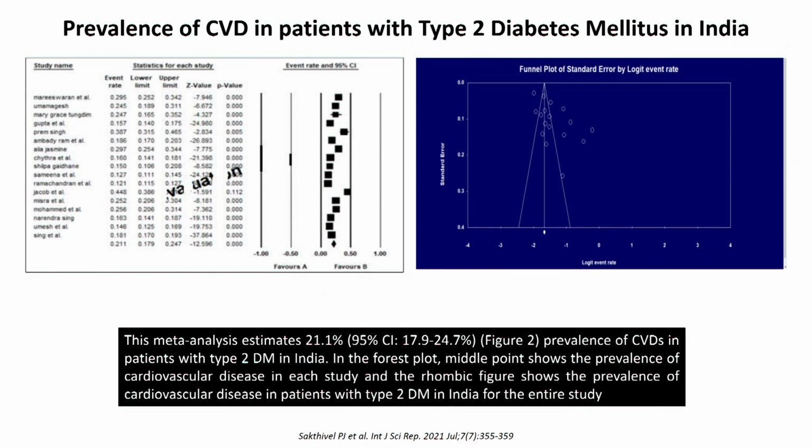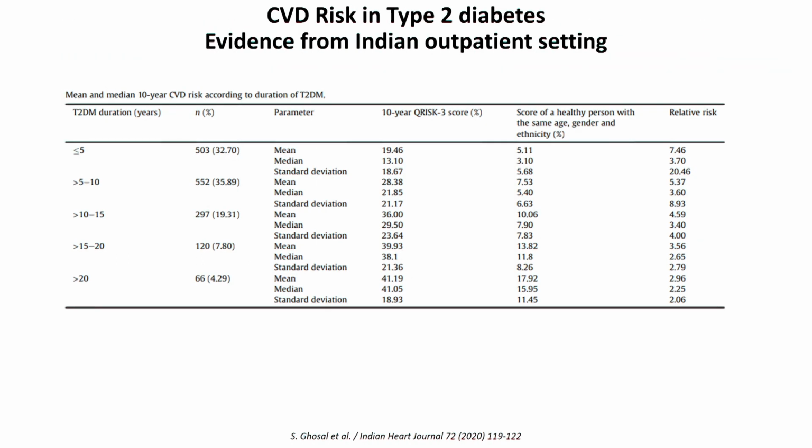In the forest plot, you will find that the middle point shows the prevalence of CVD in each study, and the rhombic figure shows the prevalence of cardiovascular disease in patients with type 2 diabetes in the entire study, and the prevalence of heart disease in diabetics is much more in the Indian population.